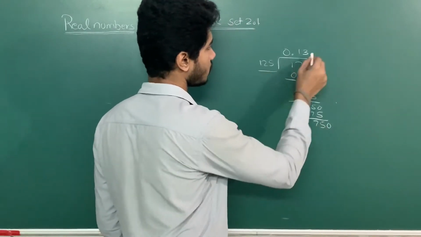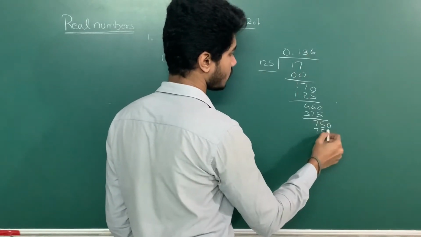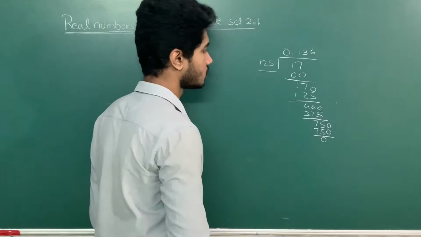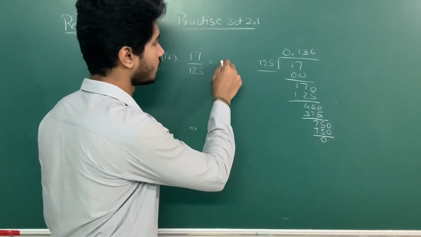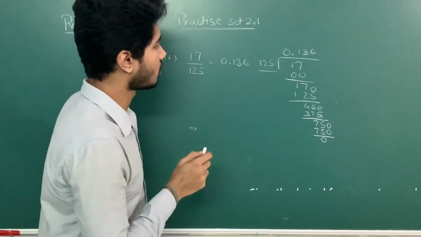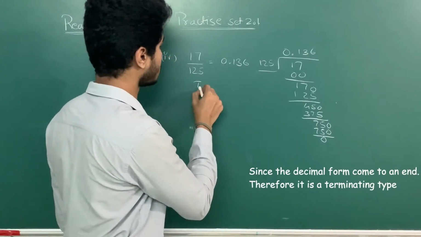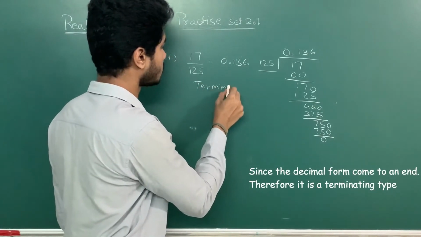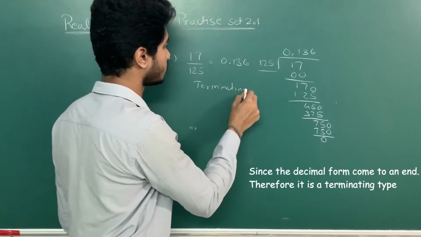So 750 goes in 6s, so 6 750 is equal to 750. So you can write 17 upon 125 as 0.136. So the decimal form comes to an end, therefore it is a terminating type.